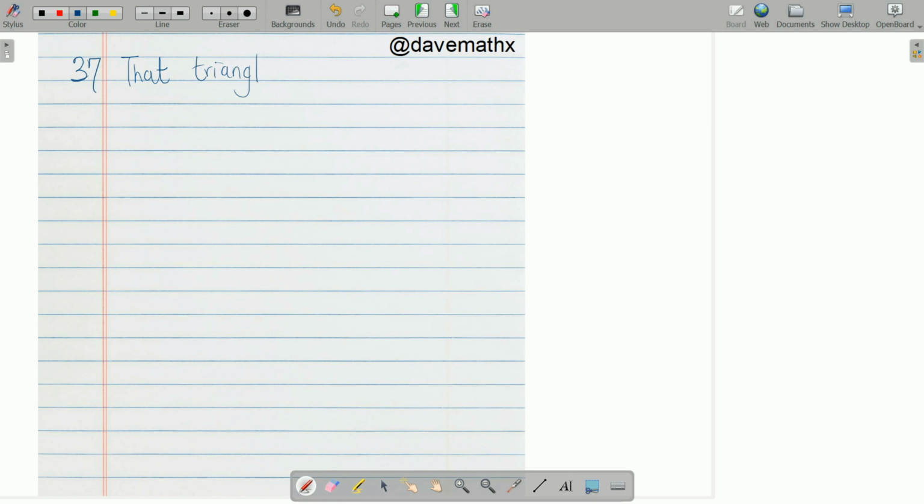You will note that the triangle is an equilateral triangle with equal sides when you look at it.